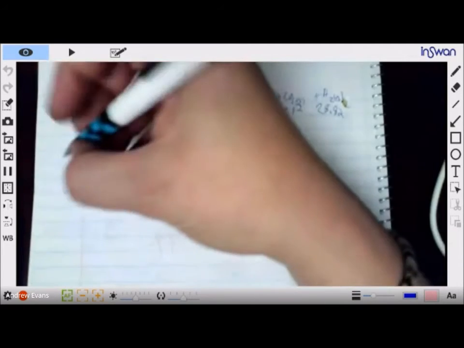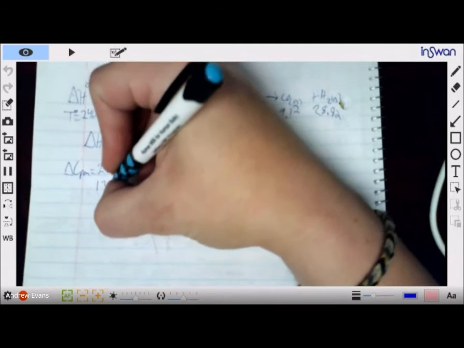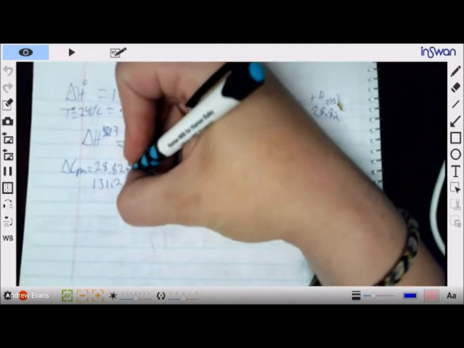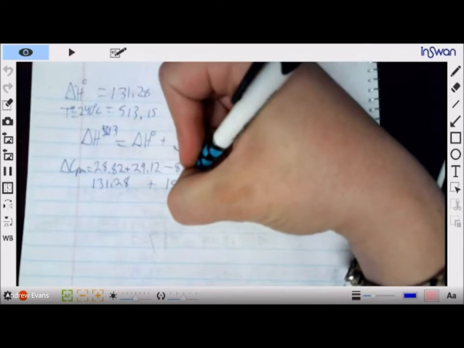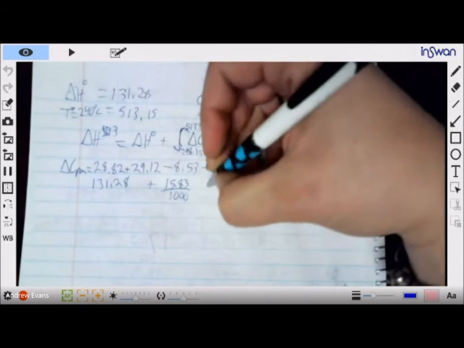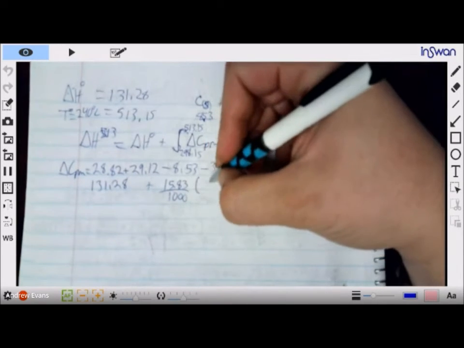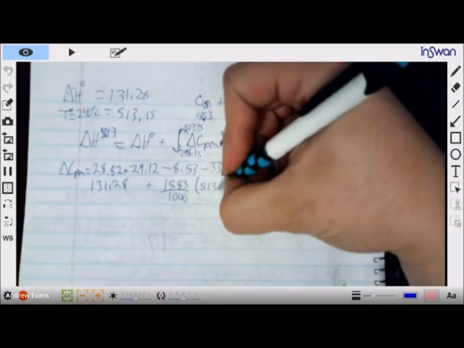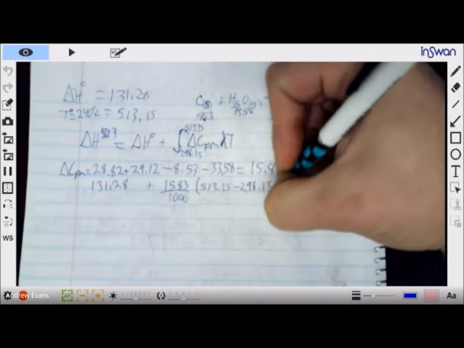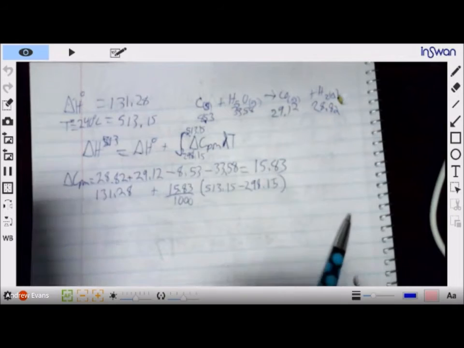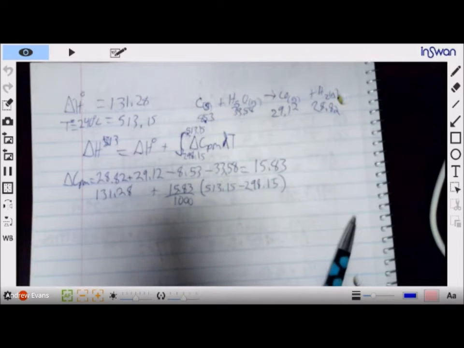So we have 131.28 plus 15.83. We got to divide by 1,000 to get this into kilojoules. 513.15 minus 298.15, which is 215, times 15.83 divided by 1,000.